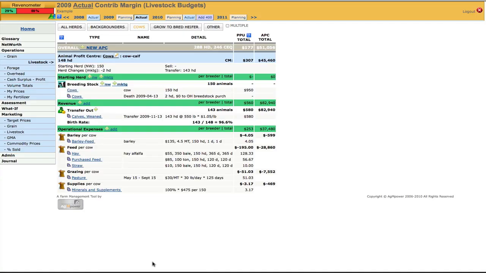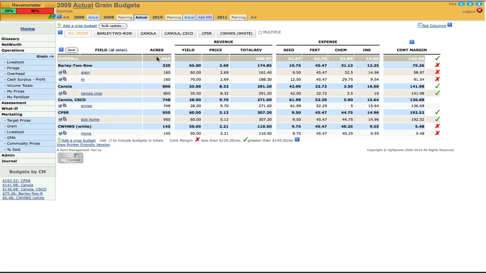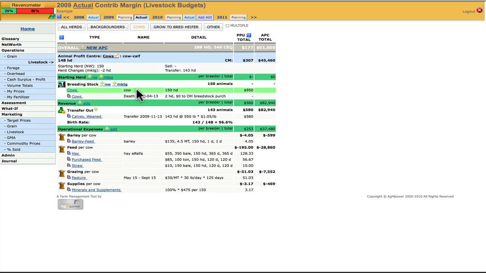If we were to go back now to the AgMpower program under livestock, you will see how an animal profit center is much like the grain operations, where you have revenues and expenses associated with each one of these crops. An animal profit center is the same way, with the net worth of having the cow in the first place.